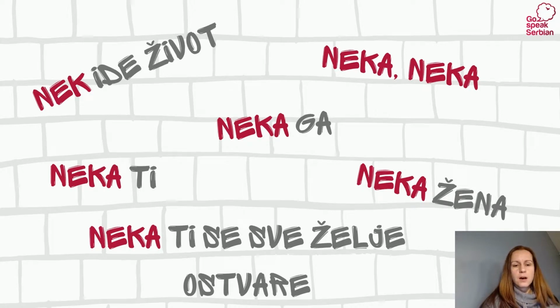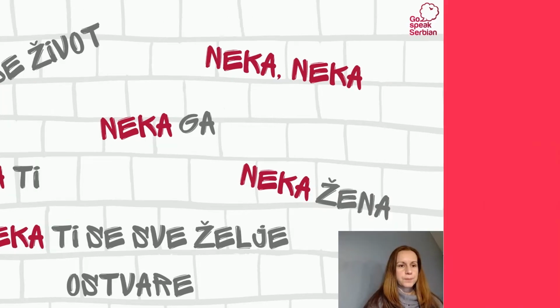So neka ti, you can have it, basically. It's okay, I don't care, you can have it. Neka žena, a woman. And so here we translate it as an article, indefinite article. And then the final example, neka ti se sve želje ostvare. Here the word neka is translated as may all your wishes come true.